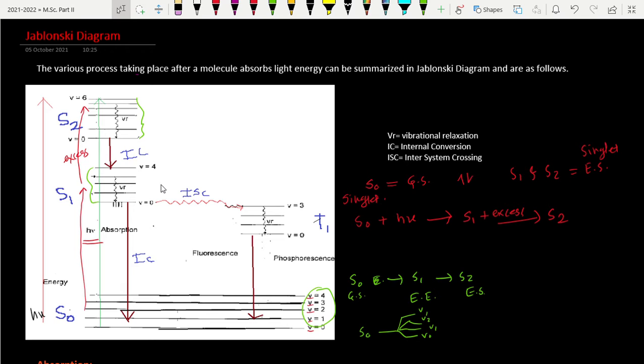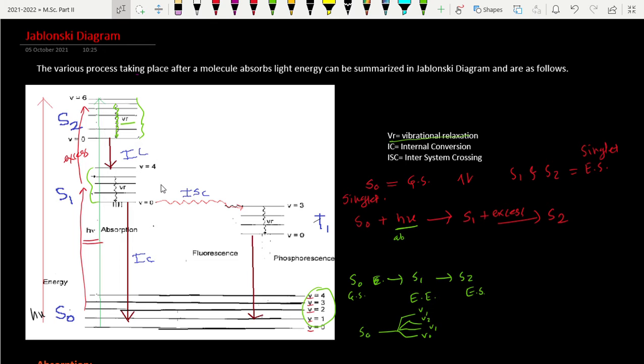This zigzag pattern is known as vibrational relaxation. Each electron experiences some vibrational relaxation, spending some time in these levels before coming down.